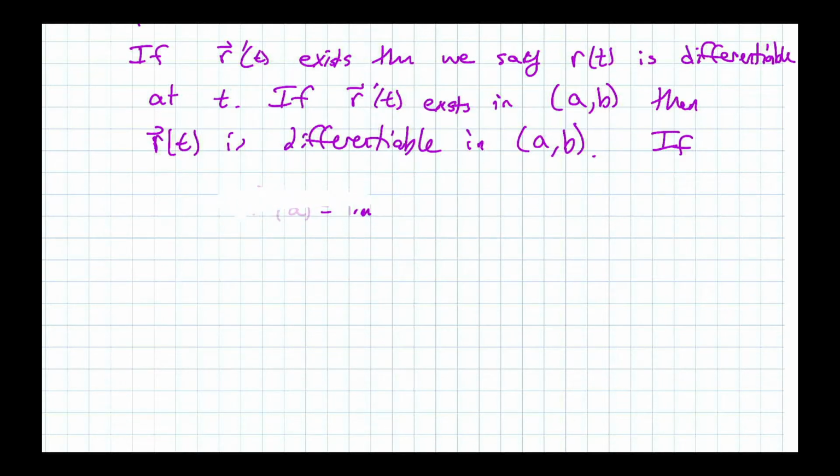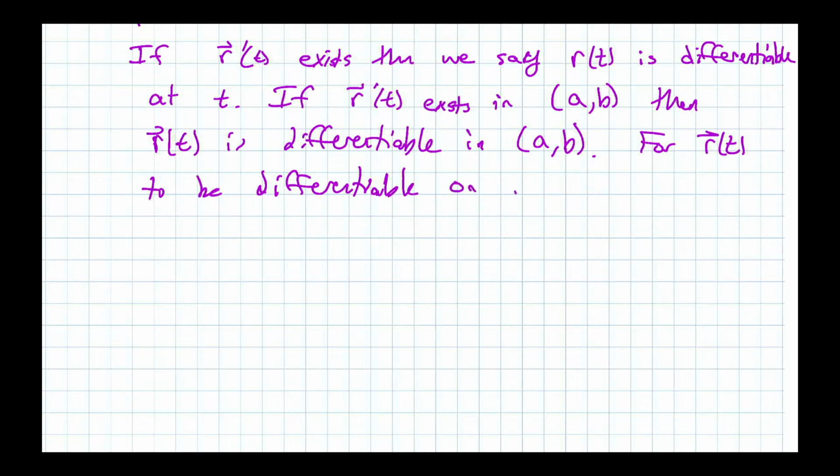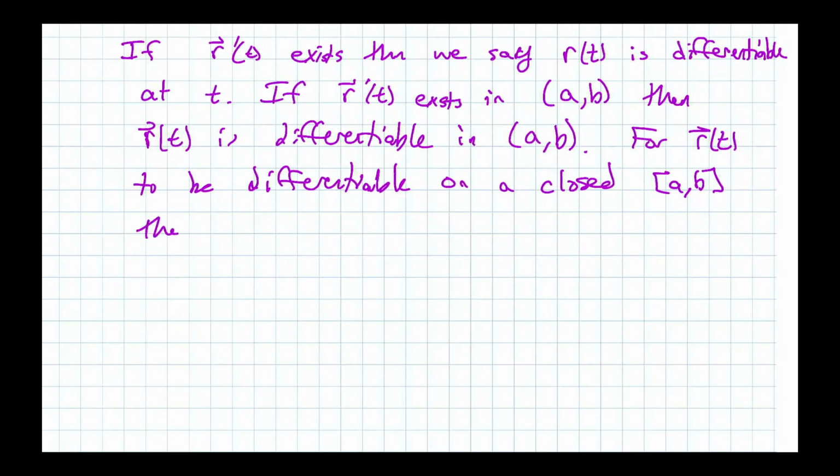No, this is badly written. This is badly written by the book, but I'm just going to write exactly what they write. So for r to be differentiable on a closed interval a, b, like that, then the following limits must exist as well.